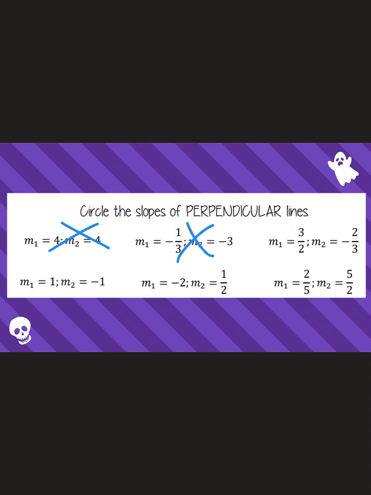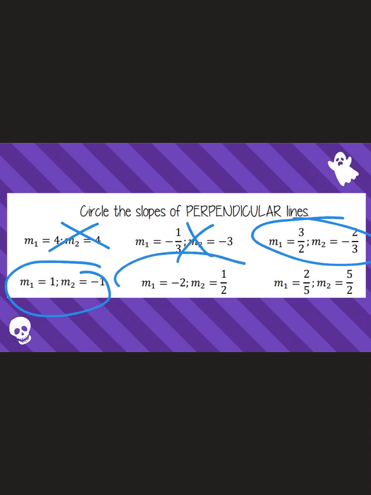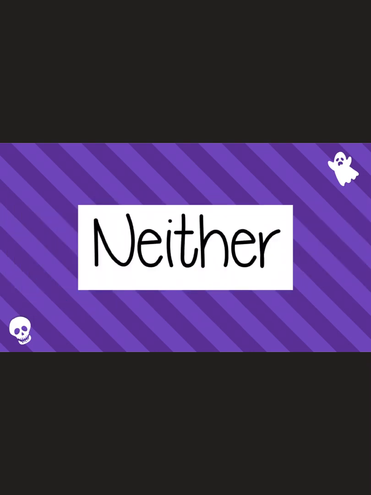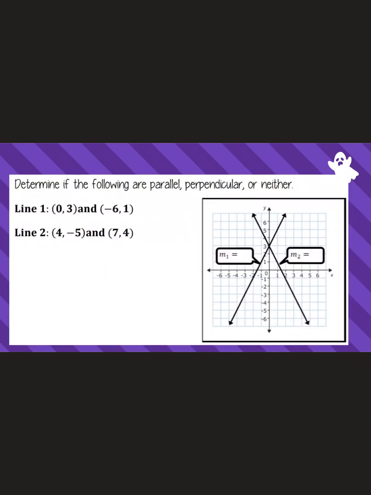Yes. And the one next to it? Yes. What about the last one? It flipped, but no switch. When we switch the sign, one's positive, one's negative. You have to have opposite signs.